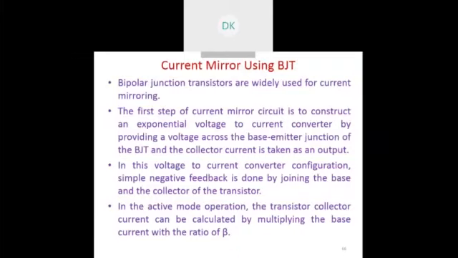Generally, in active mode of a BJT, the first junction is forward biased and the second junction is reverse biased, and we apply a voltage across the base emitter junction, taking the collector current as the output at the output terminal of the BJT. This circuit is called a voltage to current converter, or otherwise a current mirror. We use negative feedback because this circuit is used for amplification purposes. That is why negative feedback is employed here.